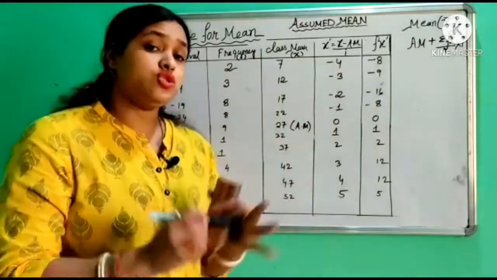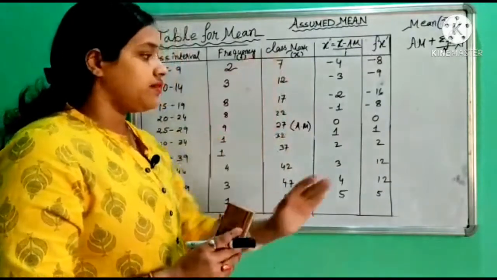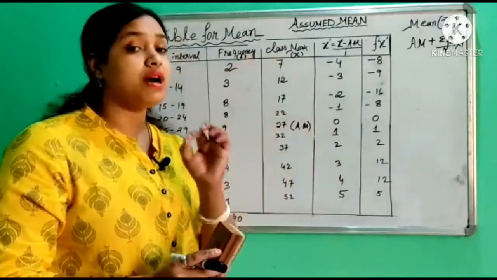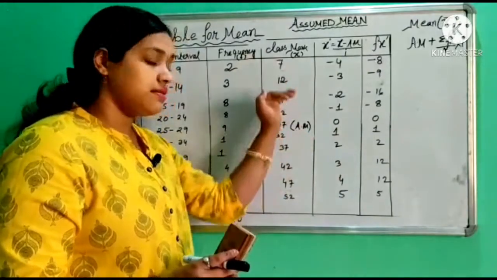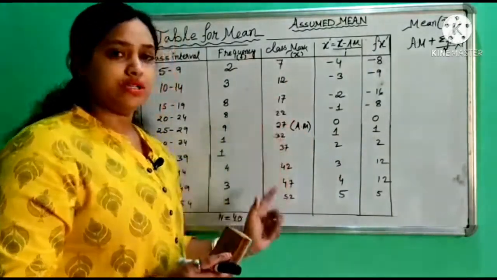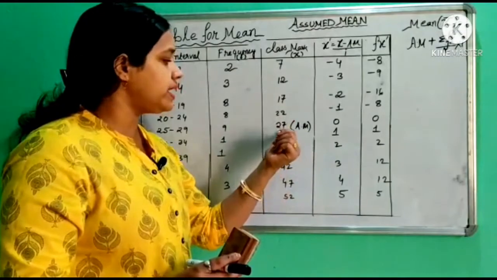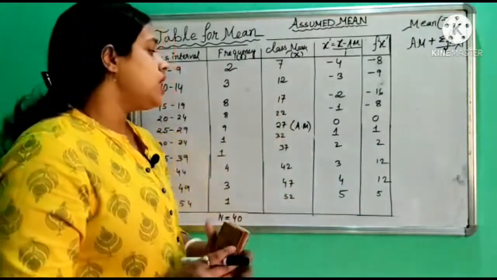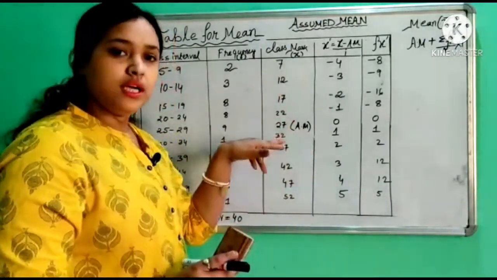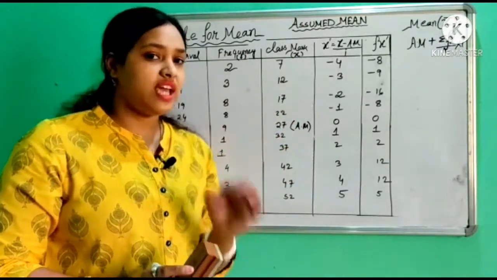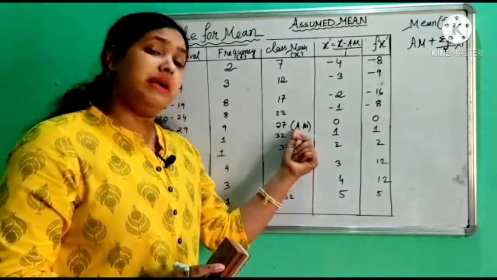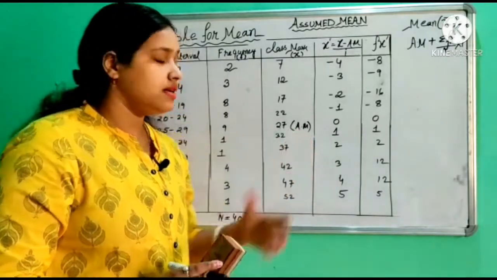But if your distribution is equal in the frequency distribution table, then you must take the number that divides the class marks into two equal parts. So I take 27 as the assumed mean, the middle value. It is your choice, but always remember that you take the assumed mean as the middle value of the class mark.